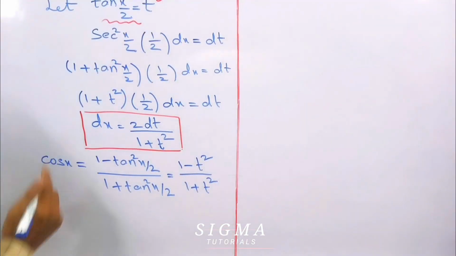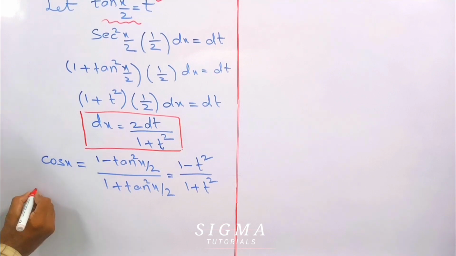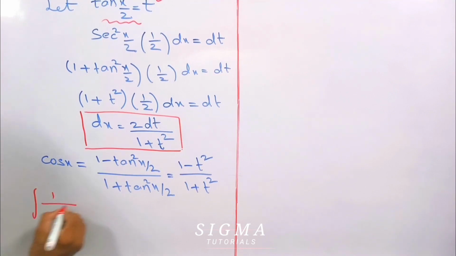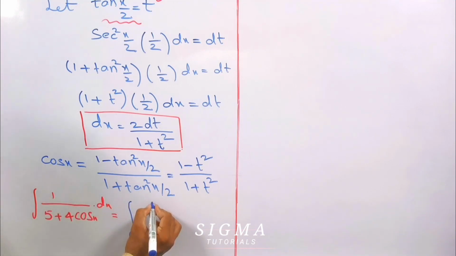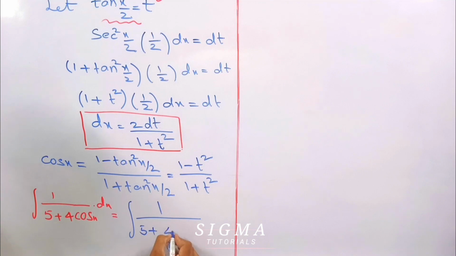Now I will write for your reference what our question is: integration of 1 upon 5 plus 4 cos x dx. I will write integration 1 as it is upon 5 as it is plus 4.